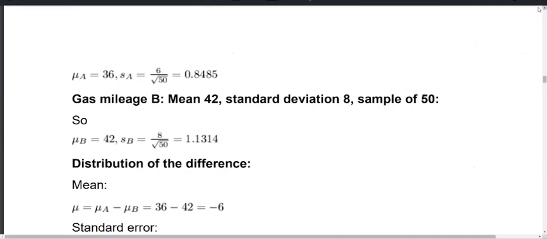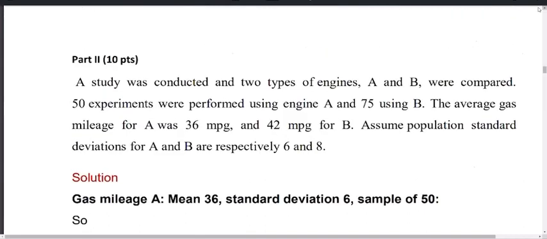Let me see whether they mention it. Oh, thank you for that. So this was supposed to be 50. Thanks for catching that. Because if it is 75, I'm going to use 75. So thanks for catching that.